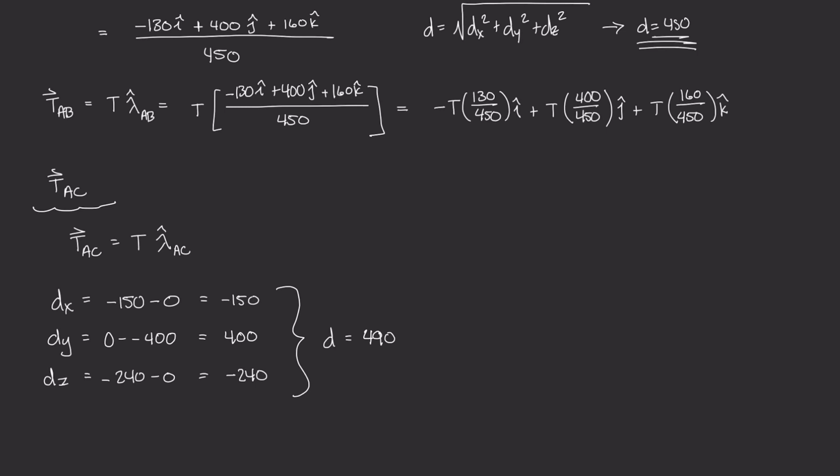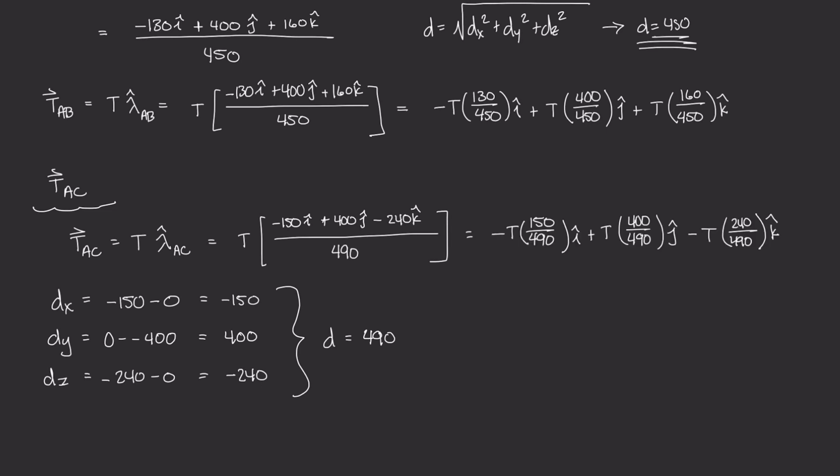But anyway, what we can do now is rewrite this as T times our lambda value, which is negative 150 in the i, and again, that's coming from dx, and then a positive 400j, and then minus 240k, all over d, which is 490. If I expand this out, I get something like this, where we have the x component, the y component, and the z component for this TAC force.